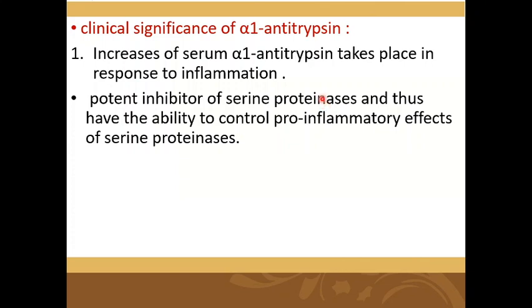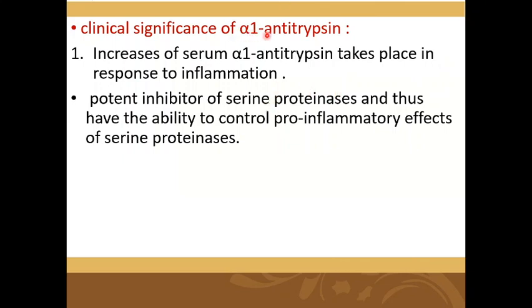What does alpha-1 antitrypsin do? It ends this. When it inhibits it, it means that it plays a role in stopping and inhibiting the inflammation. So it has the ability to control the pro-inflammatory effects, right? Once again, serine proteinase is an enzyme which removes serine from the protein chain and has the inflammatory effect.